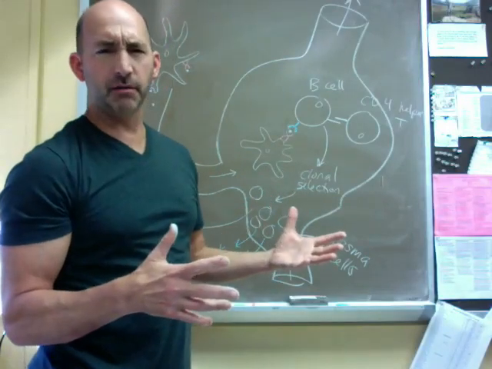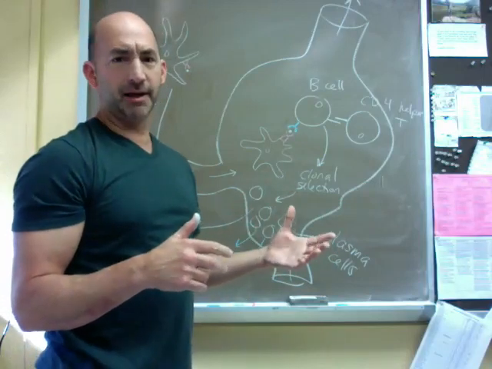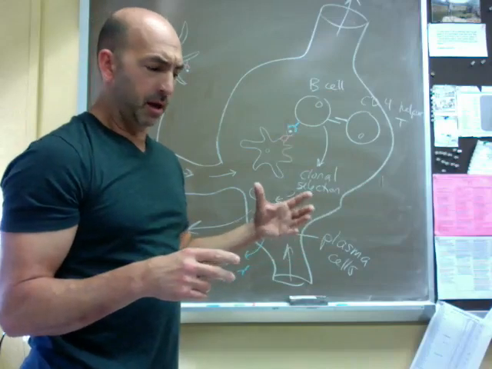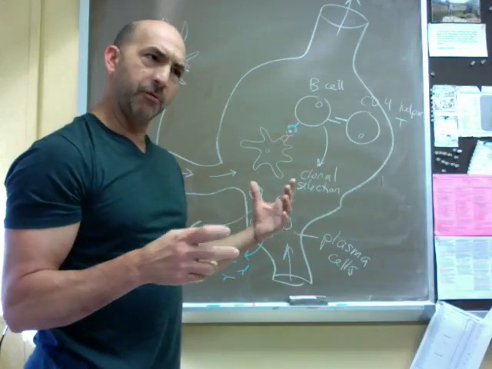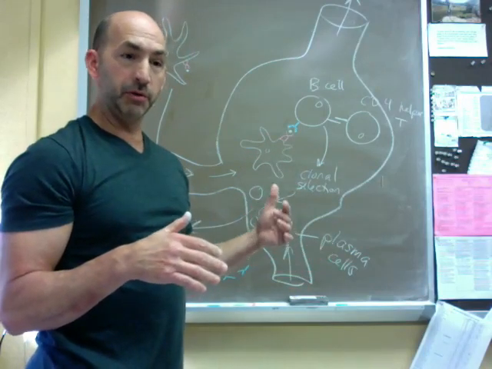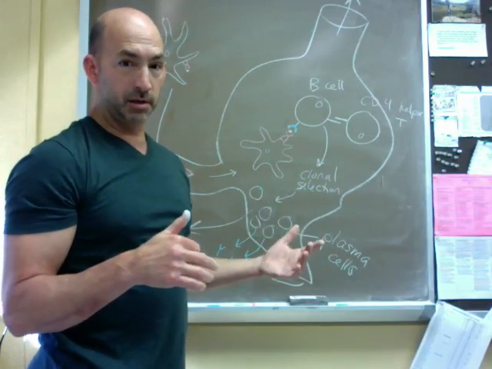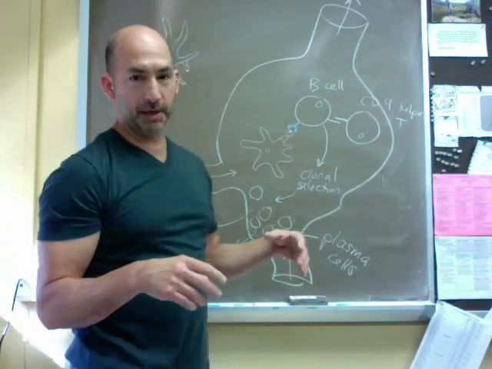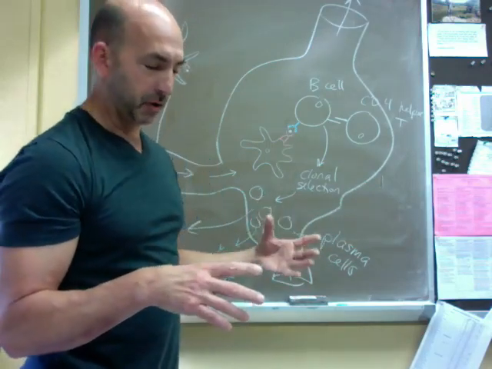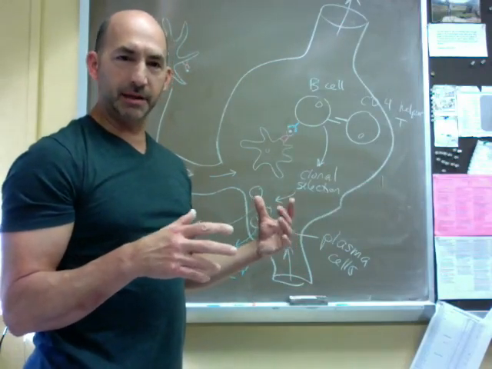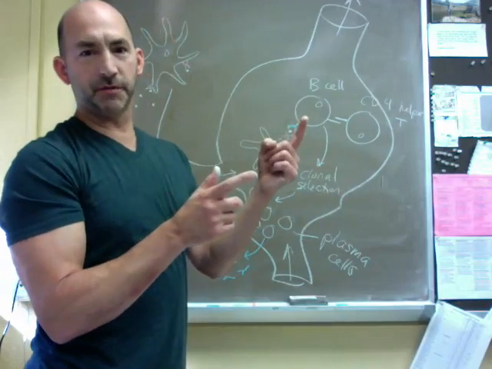That's not a foreign invader, right? Well, any of our cells have the potential to start producing abnormal proteins. And you might say, well, how is it going to recognize that? Well, all cells produce what's called the MHC1 protein, the class 1 MHC protein, and they take samples of the peptides that they produce and show them on the surface of the cell.